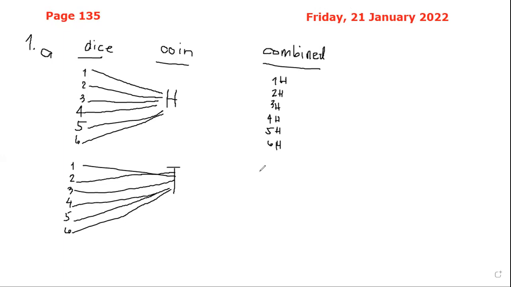And then the combined result: 1 and tail, 2 and tail, 3 and tail, 4 and tail, 5 and tail, and 6 and a tail. So this is the tree diagram for number 1, letter A. That is the answer.